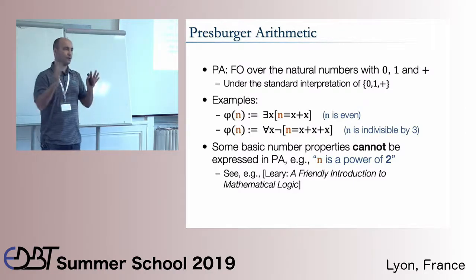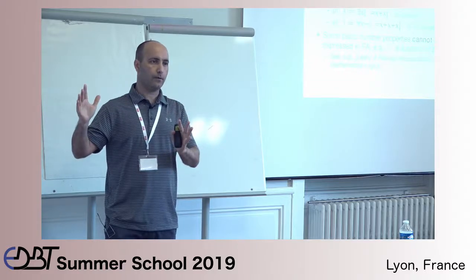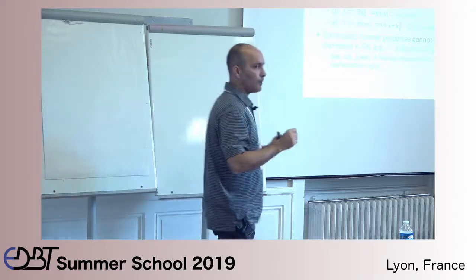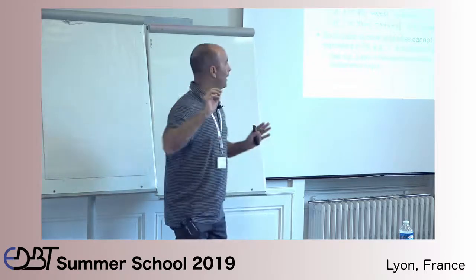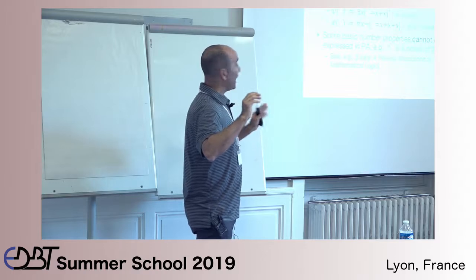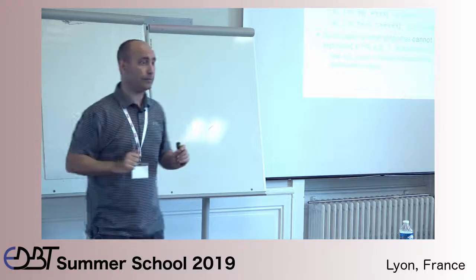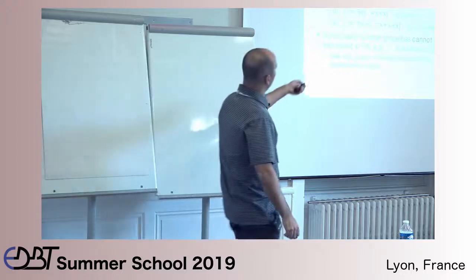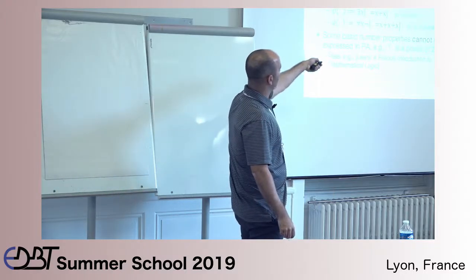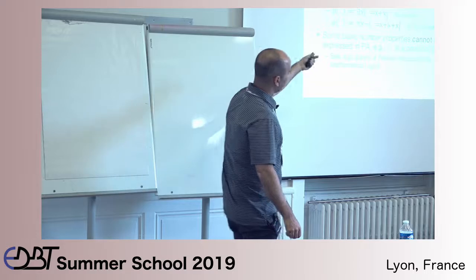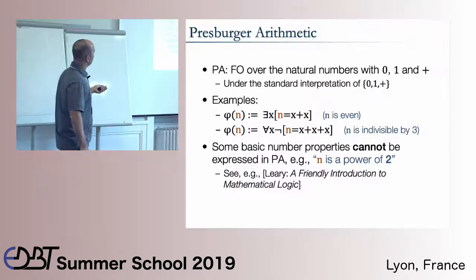This is basically first order logic over the natural numbers, 0, 1, 2, and plus, under the usual interpretation. 2 plus 7 equals 9, all right? And so in terms of logic, you have the constants 0, 1, and plus, and your domain includes the natural numbers.